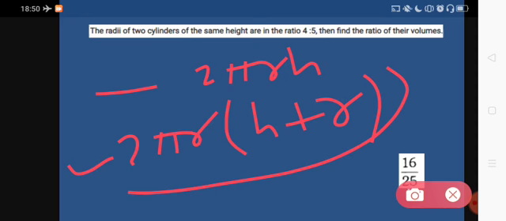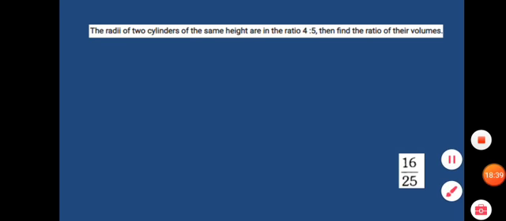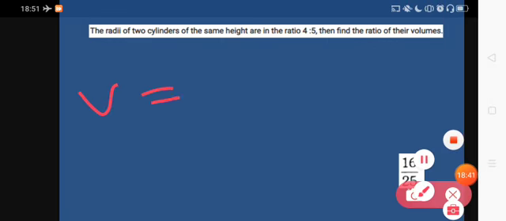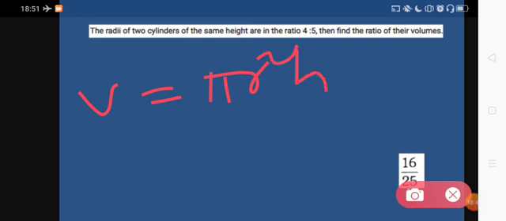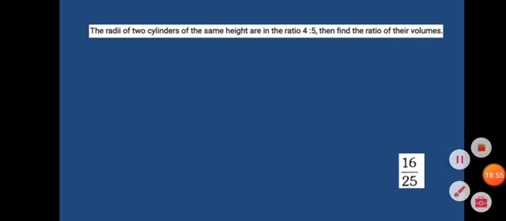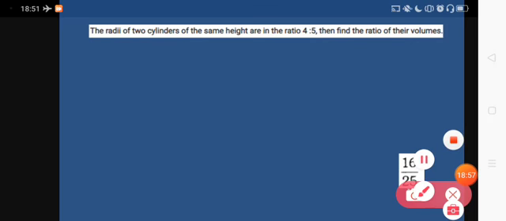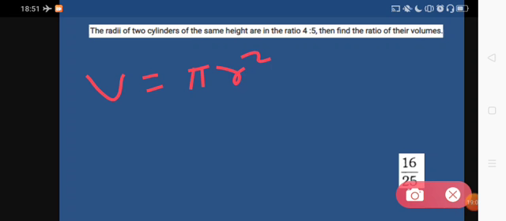Now the third formula, volume of cylinder: pi r square h. If we multiply by 1 by 3, then this will be the formula of the volume of the cone. Volume of cylinder will be pi r square h.